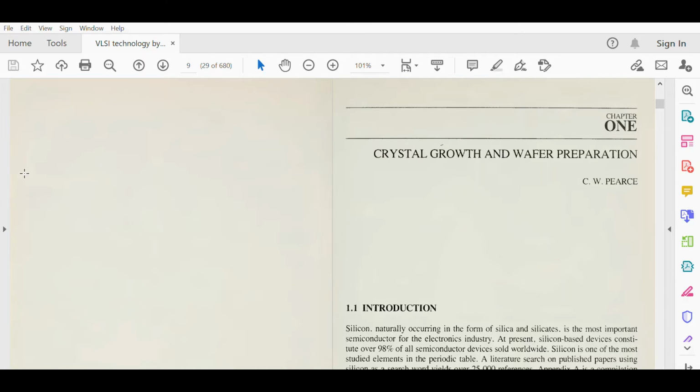As you know, BJT is a current control device. Afterwards, MOS, metal oxide semiconductor, was invented, which is a voltage control device. Then the journey of NMOS and PMOS, and the mixture of NMOS and PMOS as CMOS, started. So we are in the process of learning the complementary metal oxide semiconductor journey.